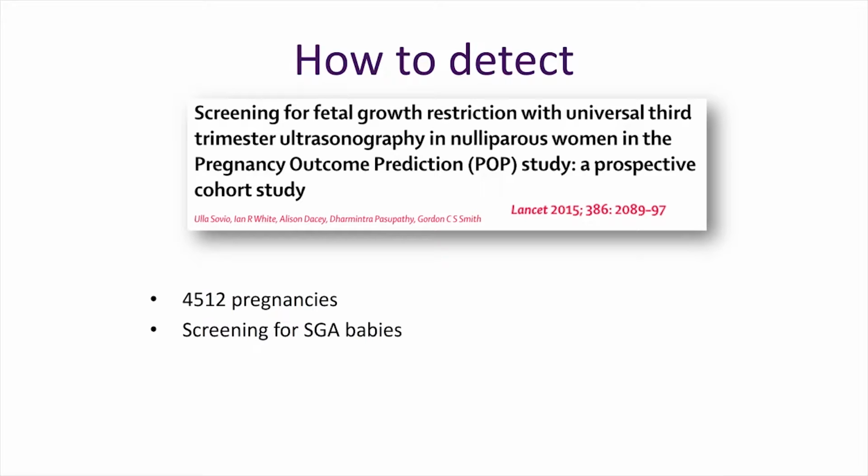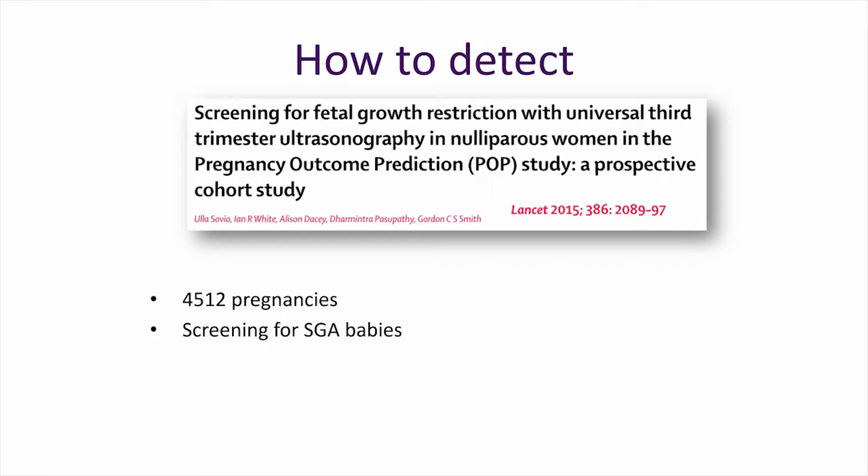So the good thing is that we can improve our detection of the growth restricted fetus, and this paper published in the Lancet last year compared 2 ways of detection of the growth restricted fetus during the 3rd trimester.